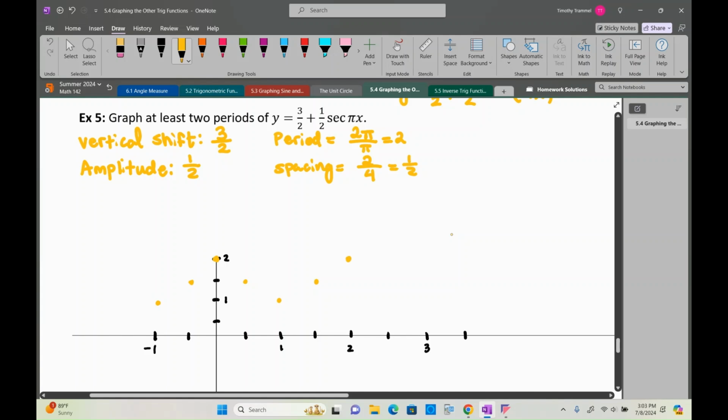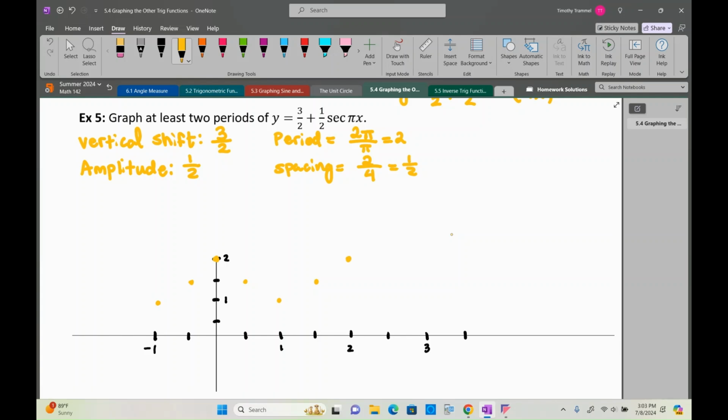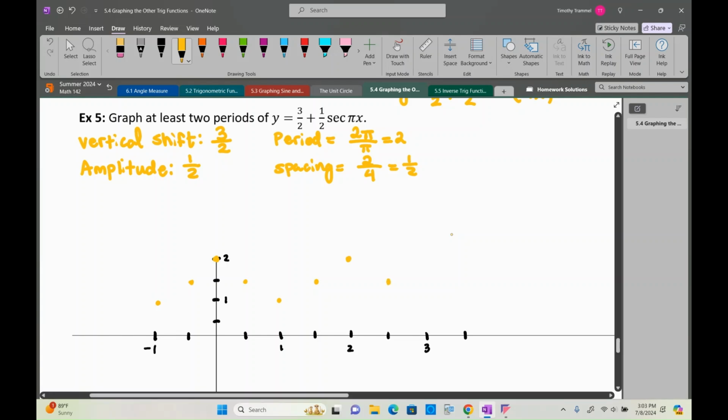Then at 2.5 here, we should be back down to the middle. Go somewhere in there. And then back down to the bottom. And then back up to the middle. And so let's go ahead and connect with a cosine function.